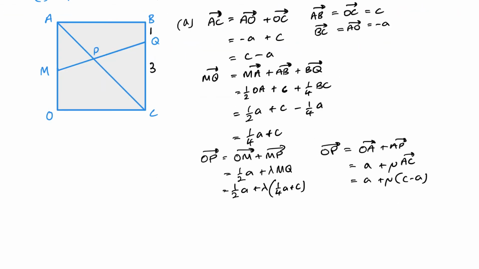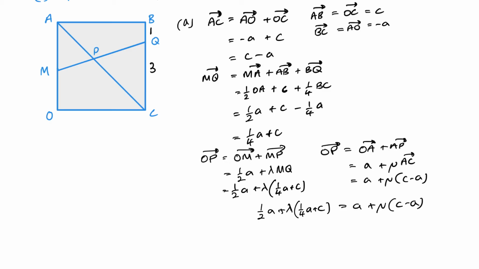Now, these two are obviously equal. OP equals OP, so half A plus lambda, a quarter A plus C equals A plus mu, C minus A. And what I need to do with this is separate out my A's and my C's, and the same with this one.